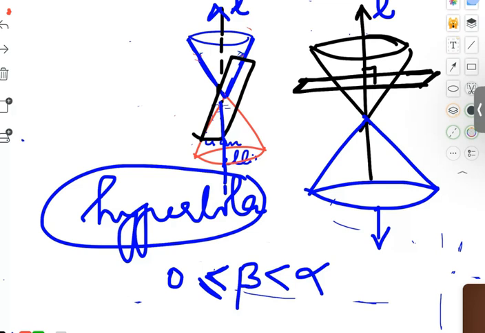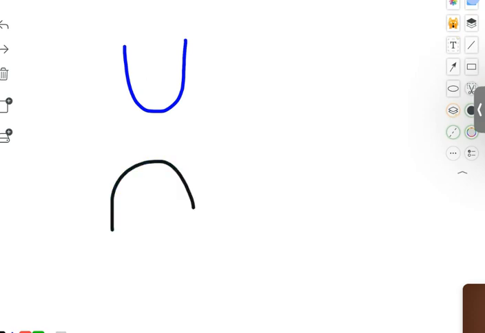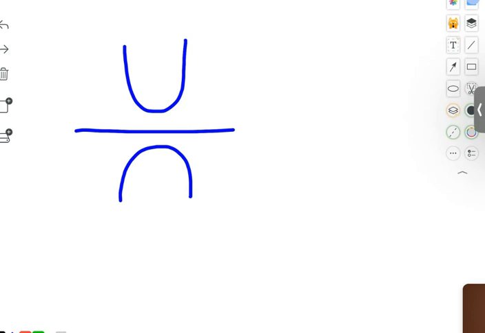How will a hyperbola look? A hyperbola is going to be like this, separated by the axis.